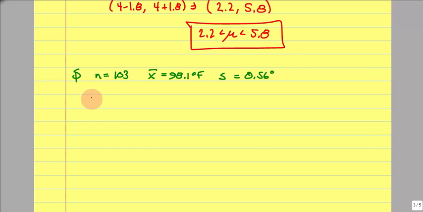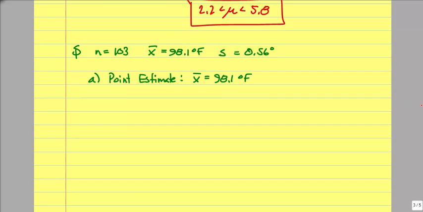Now, what we're asked to do in part A is to find the point estimate. Well, the point estimate is given to us. So the point estimate is just x bar equal 98.1 degrees Fahrenheit. Okay? Now, we're also pretty familiar with our body temperature, which we say is 98.6 degrees Fahrenheit.